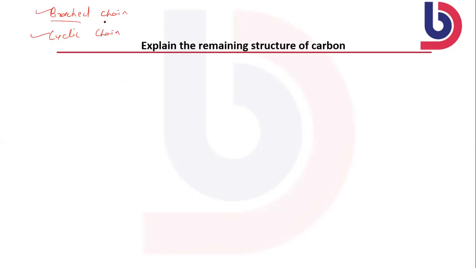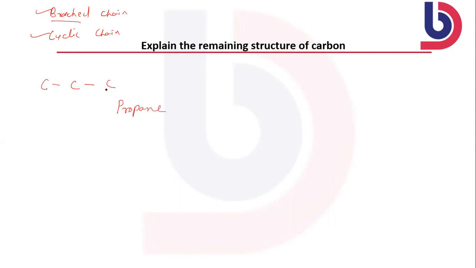Now the branch chain means that one carbon is branched with the straight carbon structure. So suppose I'm taking a three carbon group. Now this has three carbon, which means the name of this group is propane.